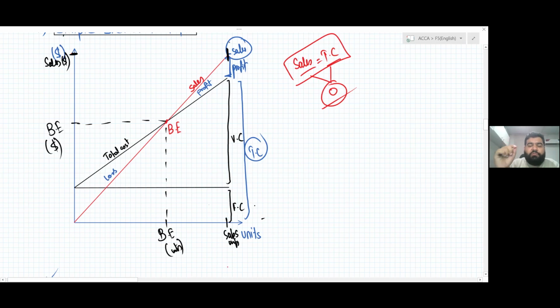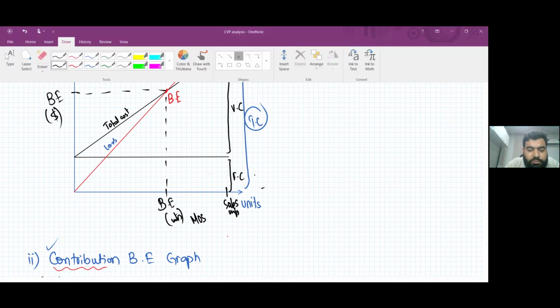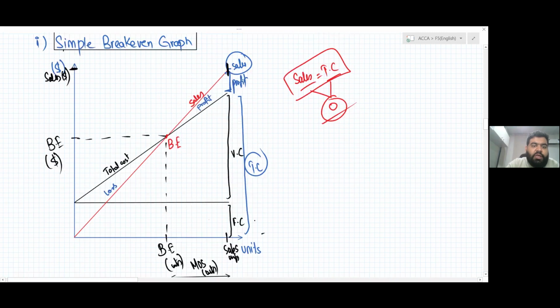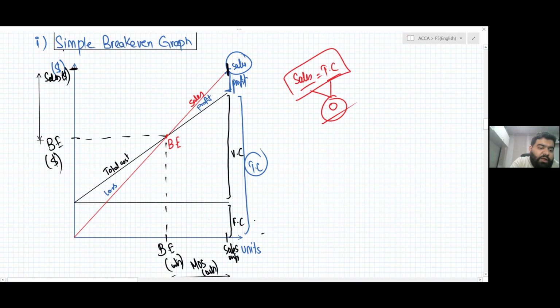I have marked the total sales on the x-axis and y-axis to tell you that total sales minus break-even sales is the margin of safety. So this portion is the margin of safety. This line from here to here is the margin of safety, and on the x-axis it's margin of safety in units. But on the y-axis, the difference between the sales point and the break-even point will be margin of safety in revenue.